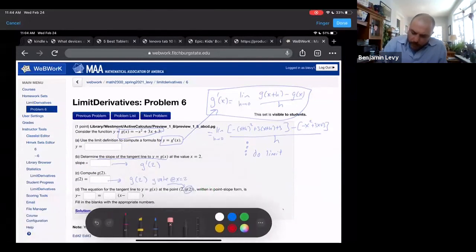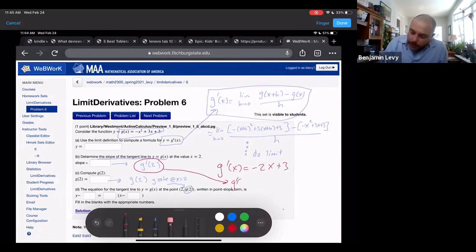Okay. So let me just go ahead and tell you that when you take the derivative of this one, it's a power rule, and so we get minus 2x plus 3, right? So that's what's going to go into the G prime box. If we want the slope of the tangent line, we need the slope. And so when we do G prime of 2, that's what we were talking about here.